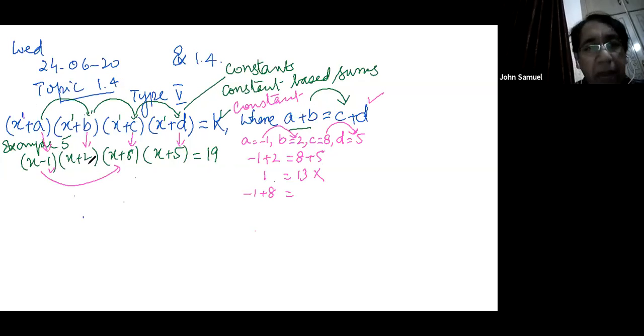Similarly, I will take second and fourth: 2 plus 5. Now look at this: 8 minus 1 is equal to 7 and 2 plus 5 is equal to 7. It means these two are equal to each other, and they follow the basic rule which I told you: A plus B is equal to C plus D.